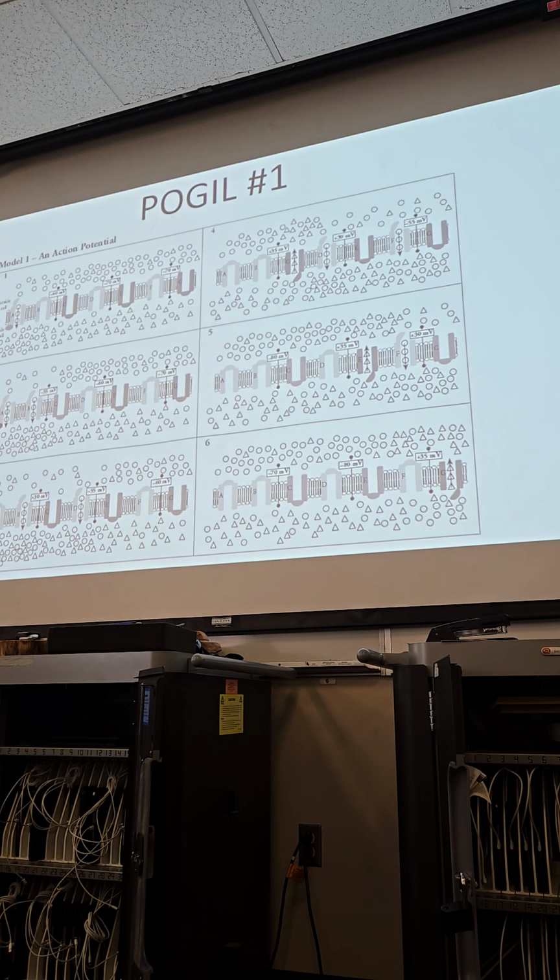Sodium, right, yes. Inside of the cell, right? No, because it's going from negative to positive. Only potassium gets pumped away. Negative. It's very important.